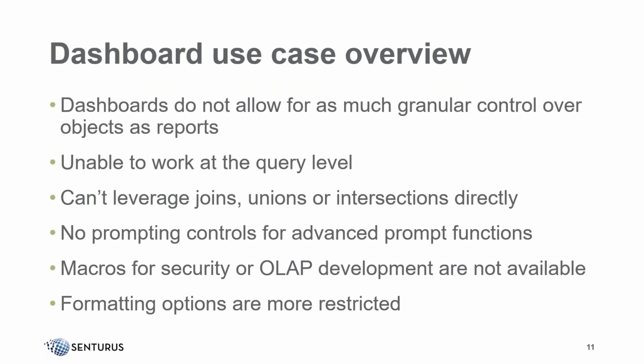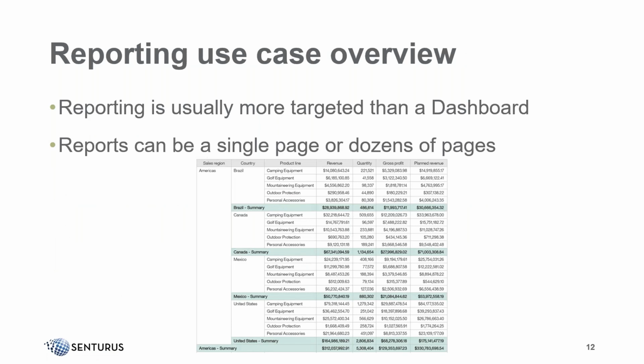So why use reporting then? Because reporting, first off, isn't going anywhere. It's going to be more targeted. It's going to be targeted for a particular delivery. The majority of folks out there are still using Cognos as a conduit to other tools, whether it's to be able to FTP or bring it into another system or something along those lines.